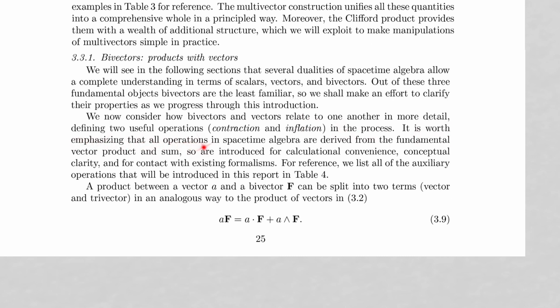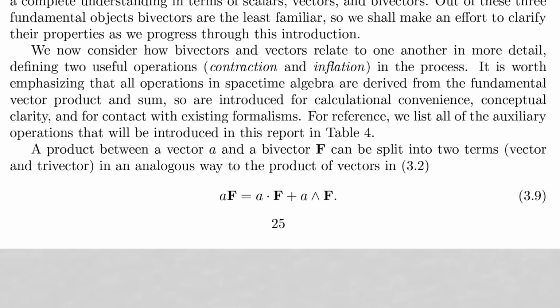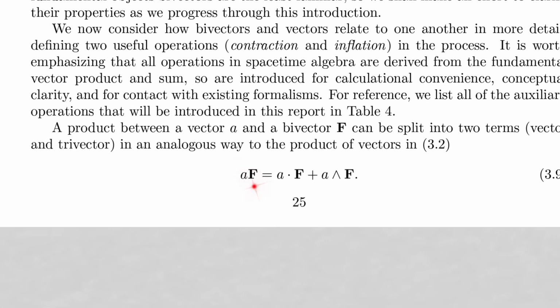It is worth emphasizing that all operations in spacetime algebra are derived from the fundamental vector product and sum. So they're introduced for calculational convenience, conceptual clarity, and for contact with existing formalisms. So that's what we were getting at with, you have a vector, bivector, spacetime product. This is the fundamental product.